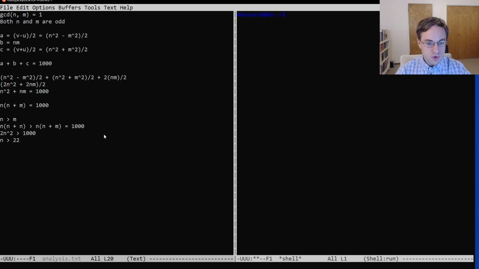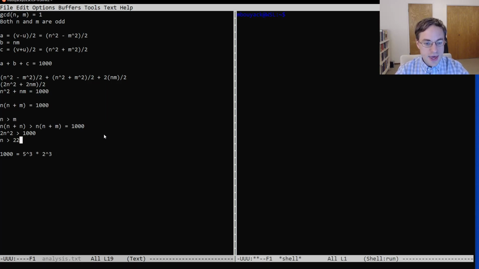We can also note, going back to this equation here, that n has to be odd. And so n plus m has to be even. And if we factor 1,000, you'll notice that that gives us 5 cubed times 2 cubed.